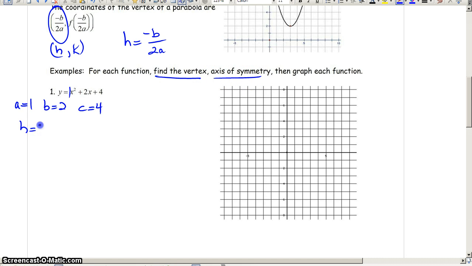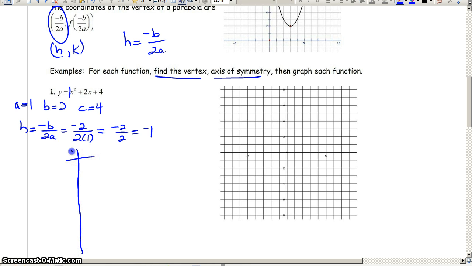You want to have memorized that h is equal to opposite b over 2a. We're going to do this for many, many problems. b is 2, so we'll take opposite of 2. Our a is 1. 2 times 1 is our denominator. Simplifying, negative 2 over 2 is going to be negative 1. That value of negative 1 is extremely important.